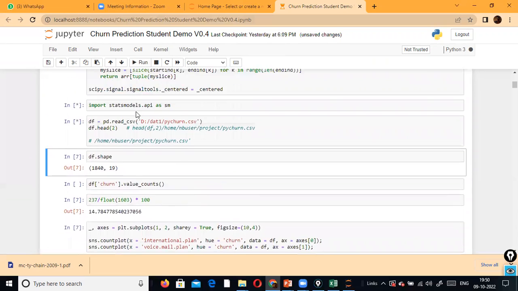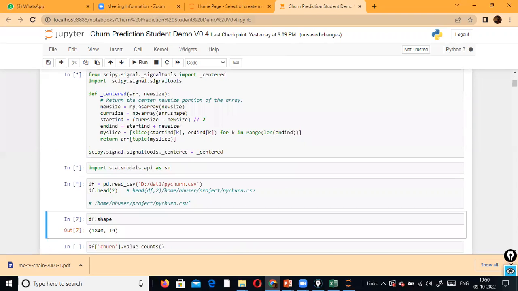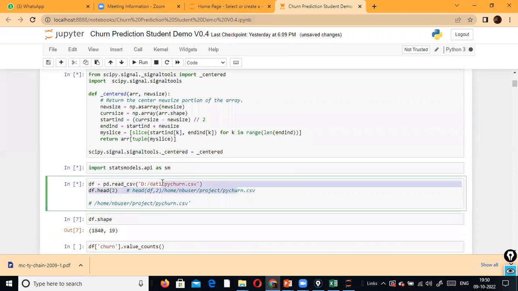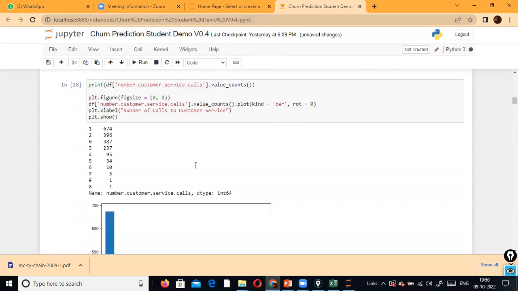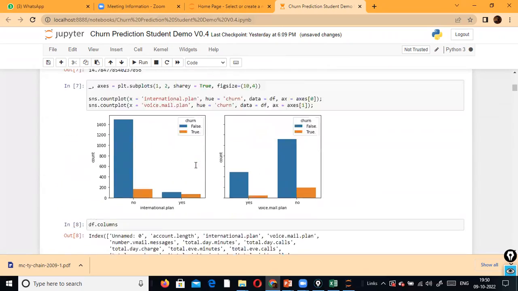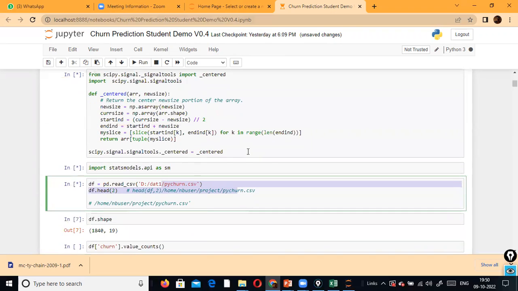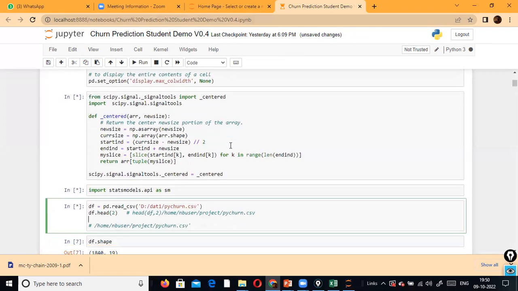The same churn data set, I'm going to take it here. The reason I'm using the same one is because you're already comfortable with this script. And also when you open this script, you should be able to see all the algorithms and how I implemented them. In the next session, we have something called the pipeline concept, and we will try to clean up and make our code neater with the pipeline.